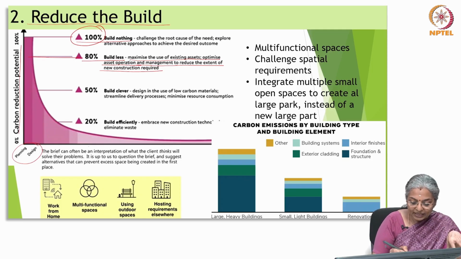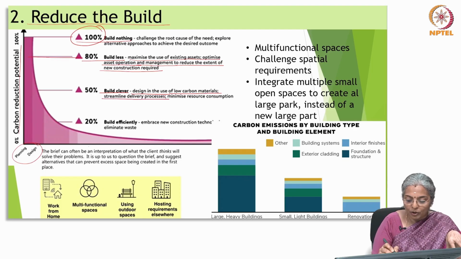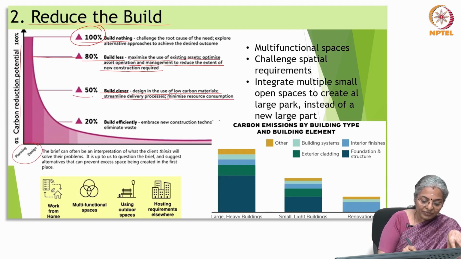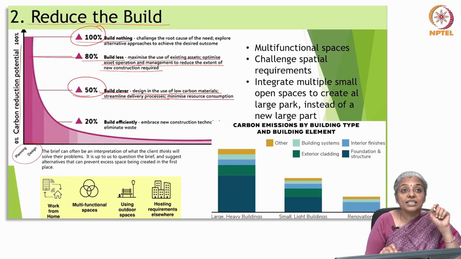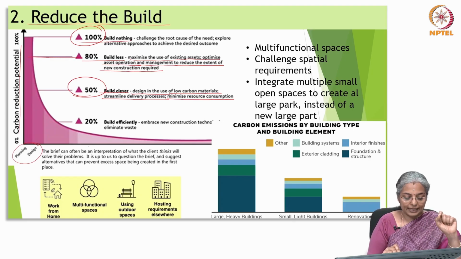If you can build smart, clever, that is, you design the use of low carbon materials, you use only low carbon materials and you streamline the delivery process, then you can minimize resource consumption and CO2 emission can be reduced by 50%.